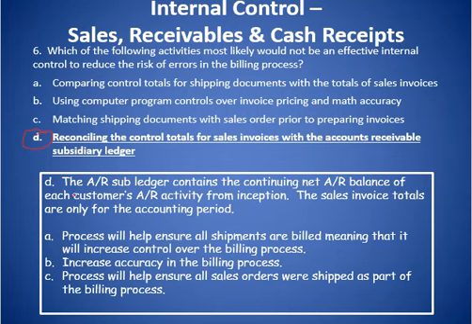Now, as I mentioned here, the AR subledger contains the continuing net accounts receivable balance of each customer's accounts receivable activities from when they begin. The sales invoice totals are only for the accounting period, so they would not be an effective control to reduce the risk of the errors in the billing process.